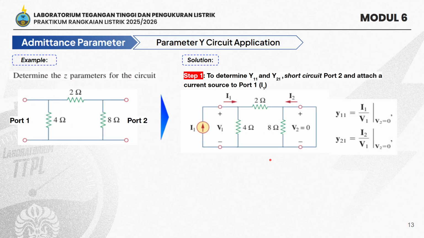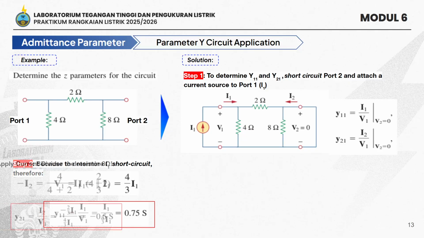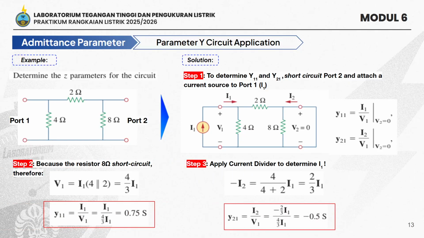And for the application, we can just short circuit port 2 and attach a current source to port 1, and apply the current divider to determine the transfer admittance from port 2 to port 1.